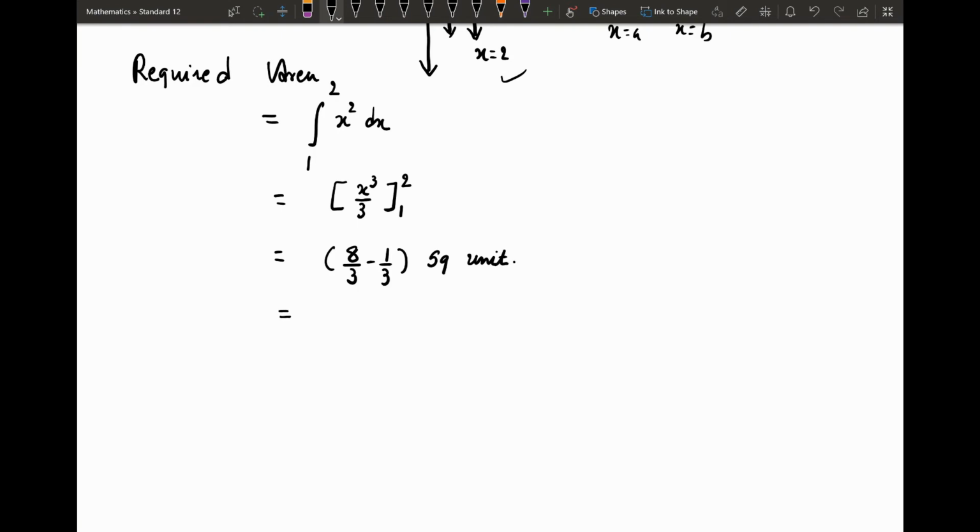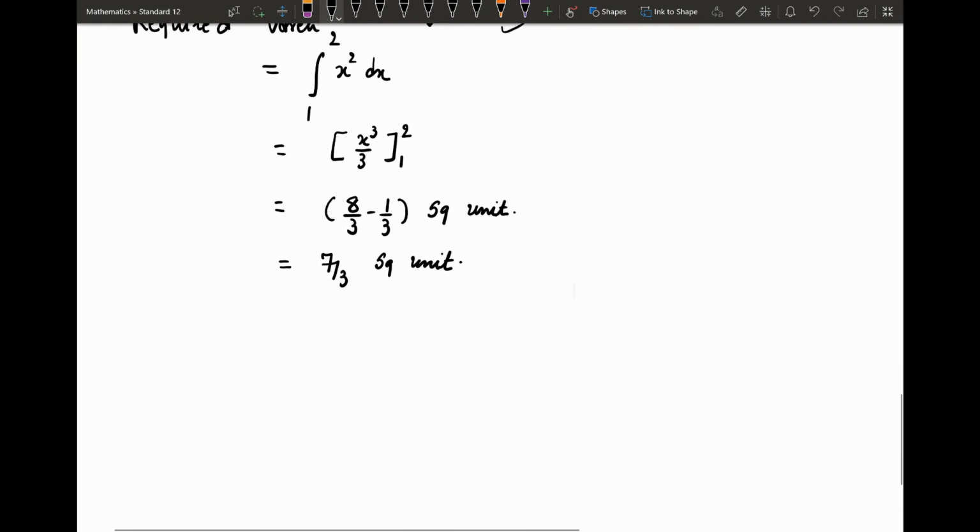So the final answer will be 7 by 3 square unit.